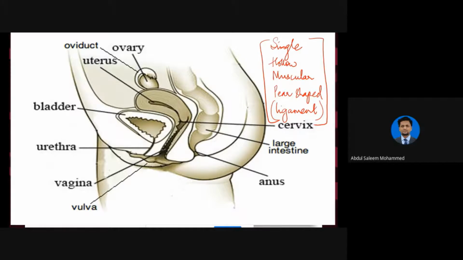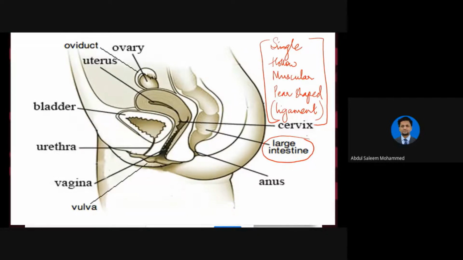Right, now where exactly is this uterus located? This uterus is present between the urinary bladder and the rectum. So where is the rectum identified in this picture? Here is the large intestine, and the part of the large intestine is the rectum, the last part of the large intestine.